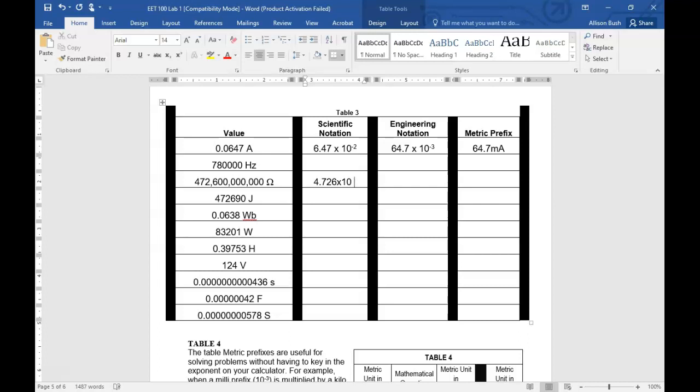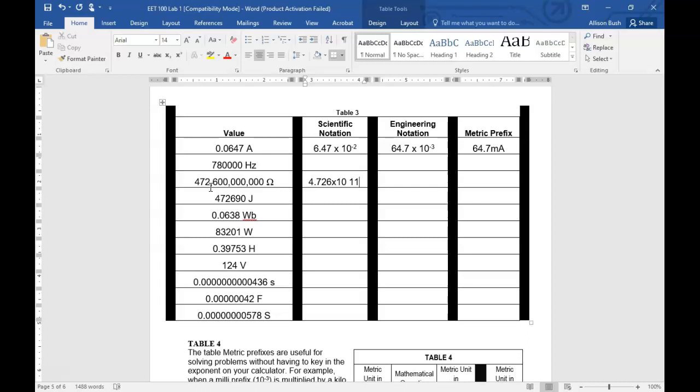I'm not sure. 10 to the 11th. Now, how do I know that? Well, I moved it 3, I moved it 6, and I moved it 9. Now, let me ask before we move on. Have I got one number in front of that decimal yet?